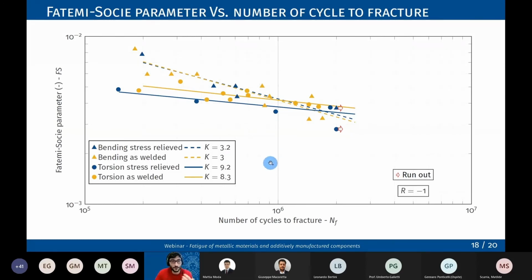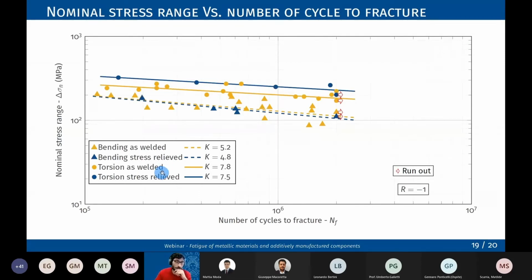We can see this result also from a purely experimental point of view, through the range. So there is still this difference also from an experimental point of view. Both numerical model and experimental results show that even if for pure bending there is no clear difference in stress relieving the specimen, there is a difference for pure torsion.